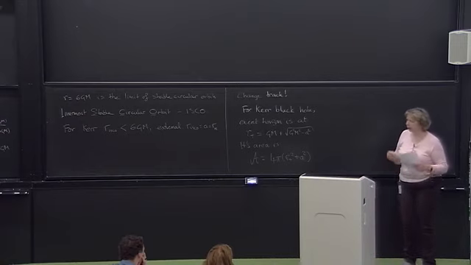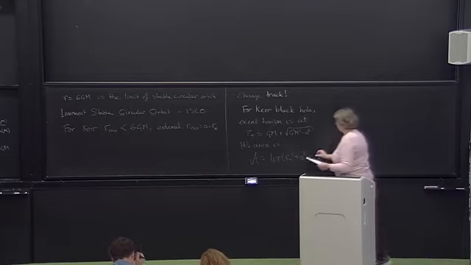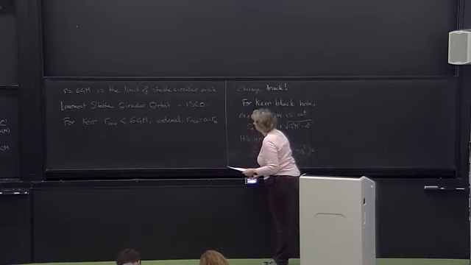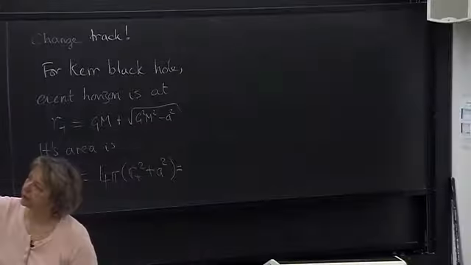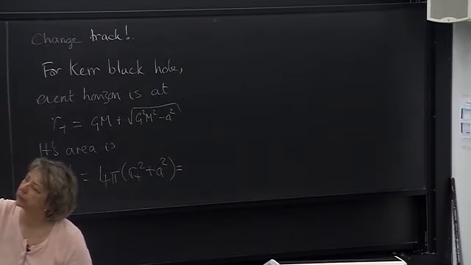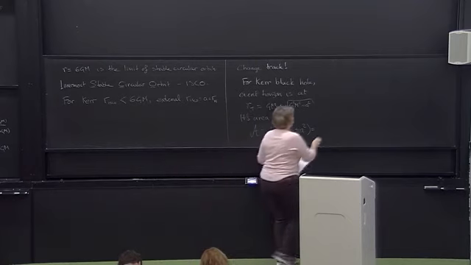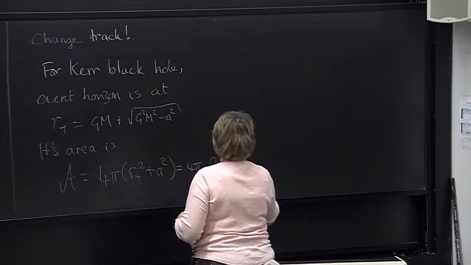So that's telling you that r in Boyer-Lindquist is not obviously an areal coordinate. We could also write this as, because the event horizon is at delta equals 0, r squared plus a squared is 2gmr. So this is also 4 pi times 2gmr plus.